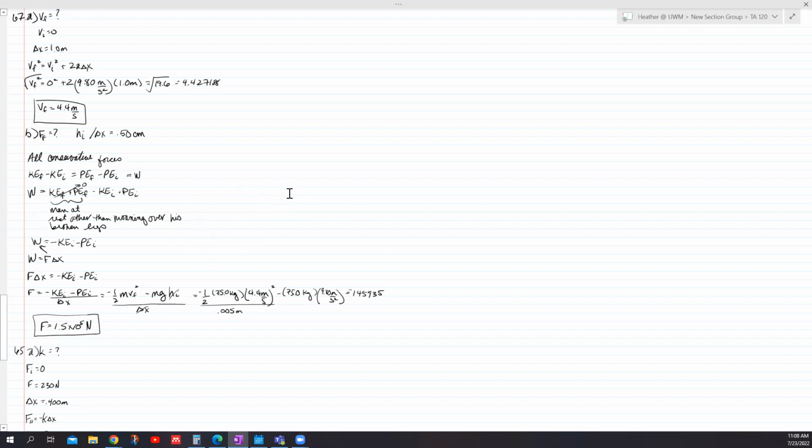We know that work equals the change in kinetic energy, and we know that initial kinetic energy plus initial potential energy equals final kinetic energy plus final potential energy. I kind of rearranged it.